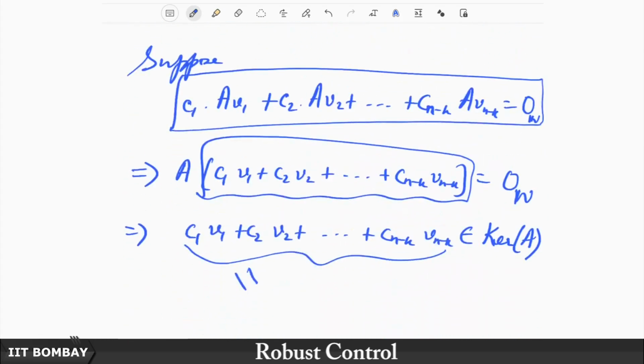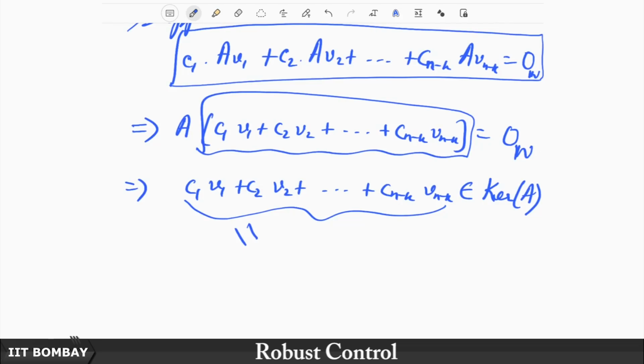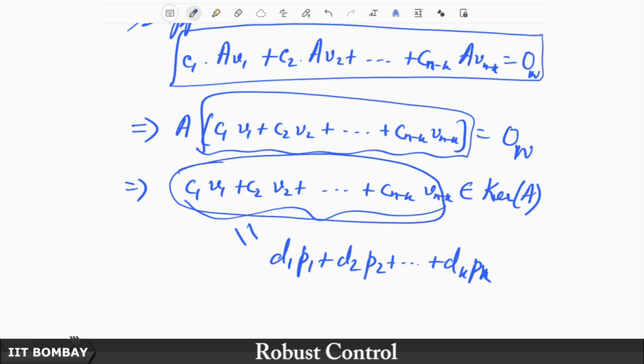So, therefore, there exists some d1 p1 plus d2 p2 plus dot dot dot till dk pk. Since this fellow belongs to the kernel of A, it must be equal to this fellow for some choice of d1, d2, so on till dk.